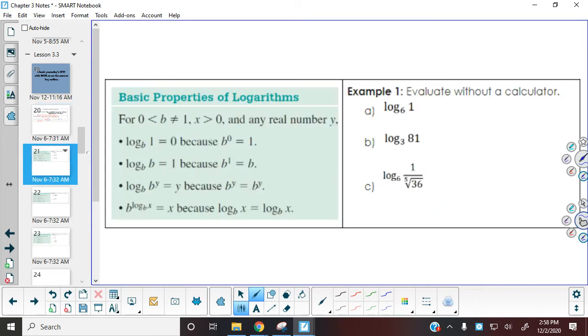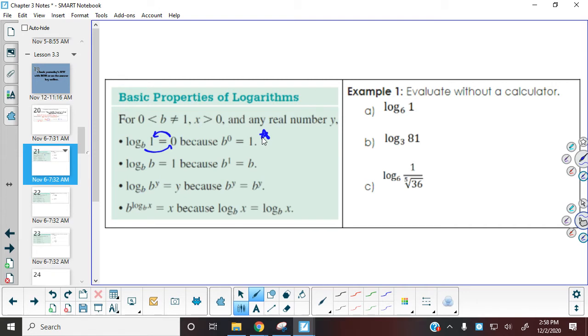As you look at this, we have several different sections of properties. If you look, the basic properties of logarithms, because we know b to the 0, anything to the 0 is 1, if you undo it, your base is still b, and then we're going to go around in a circle. So b to the 0 equals 1.